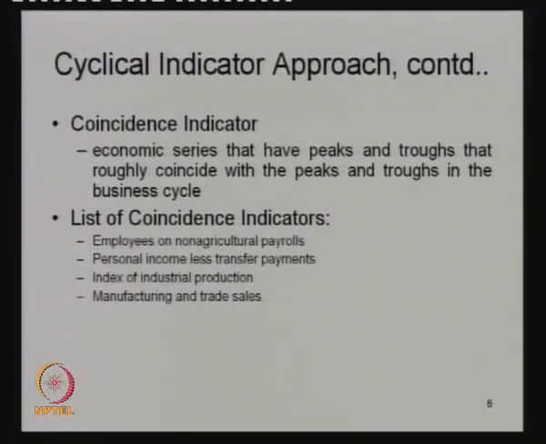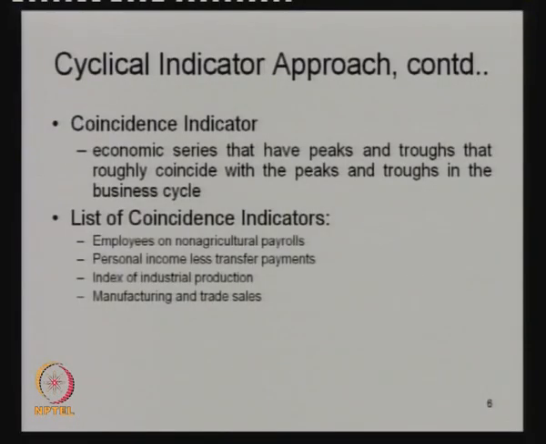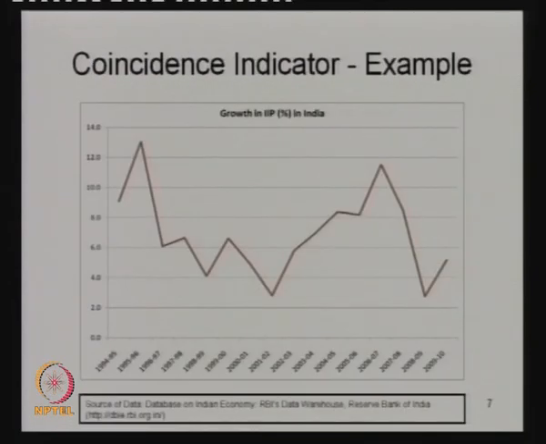A coincidence indicator is something which will have the same growth or same fall, the same trend as the economic growth. So they will be parallel to the economic indicator graph. The indicators are personal income less transfer payments, index of industrial production, and manufacturing and trade sales. If you look at one, we have a growth like this.